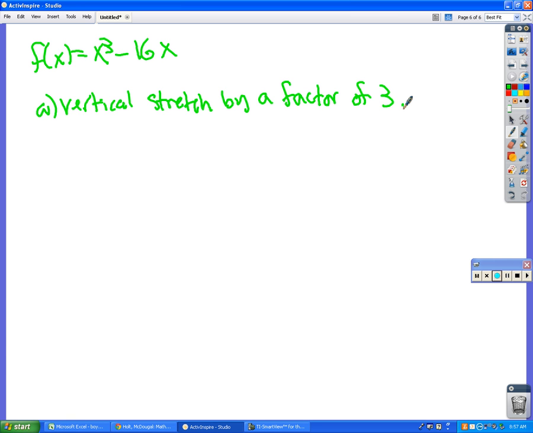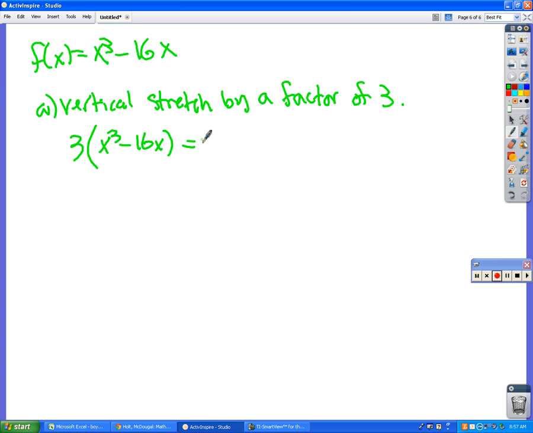And let's transform this graph into one where it has been stretched vertically by a factor of 3. When you want to perform a vertical transformation, is it inside the parentheses or outside? Outside. So all I need to do for this is take the entire thing and multiply it by 3.